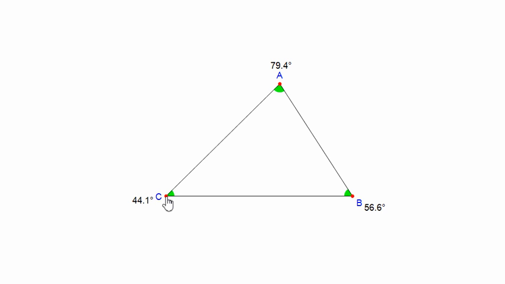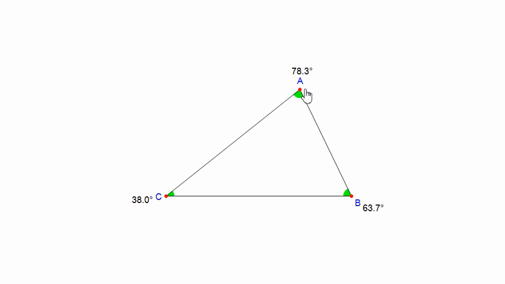Oh, very hard. But this is now, you see, 56.9, 57 degrees plus 44 plus 79, it is always 180.